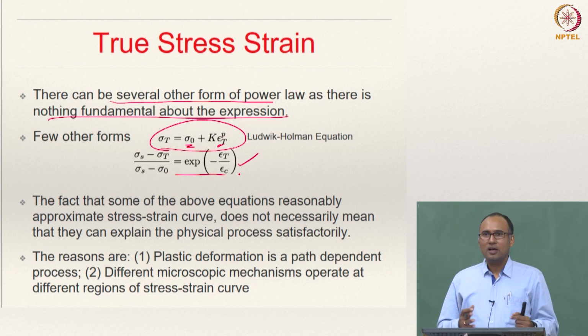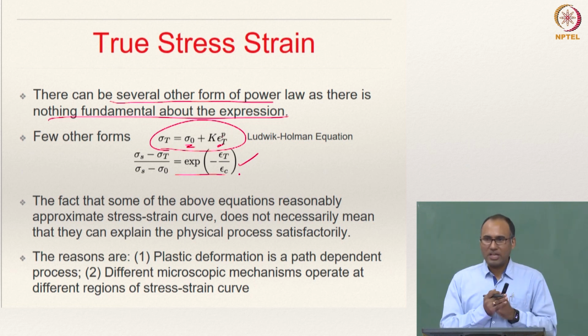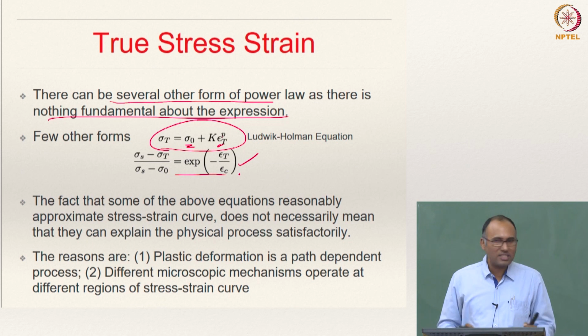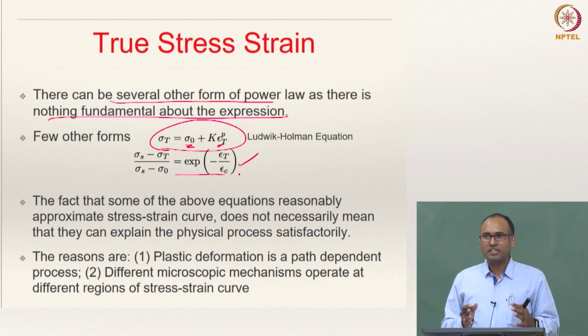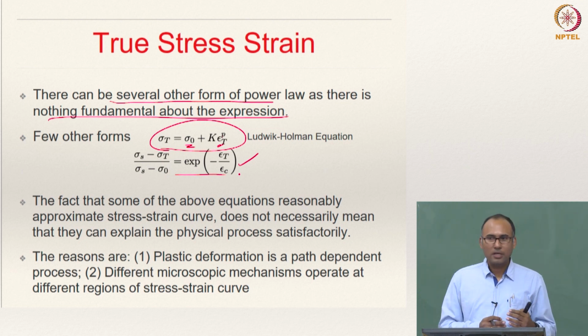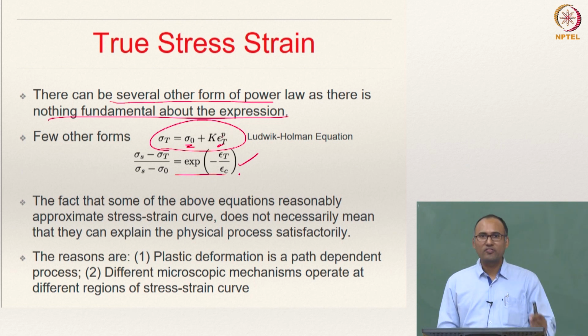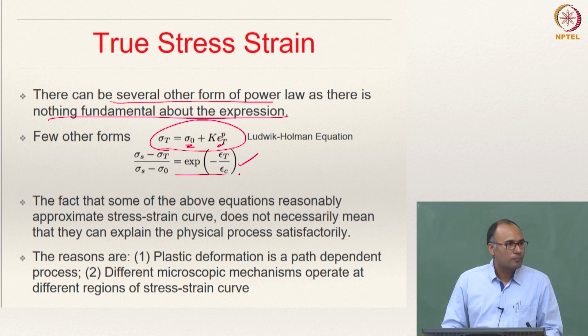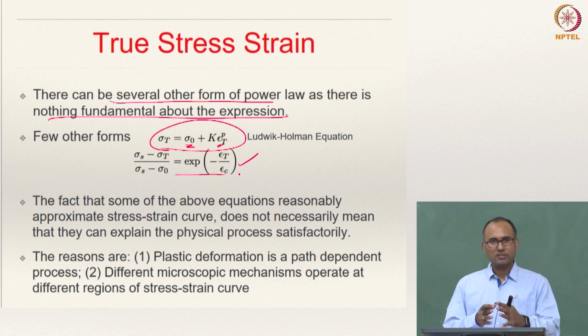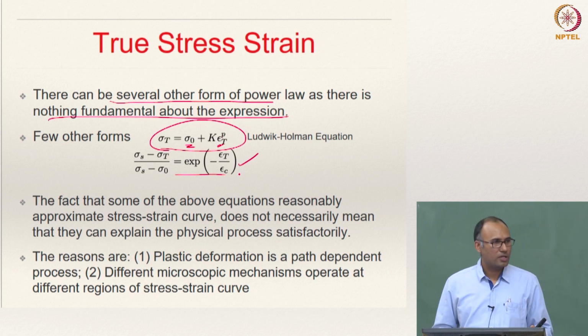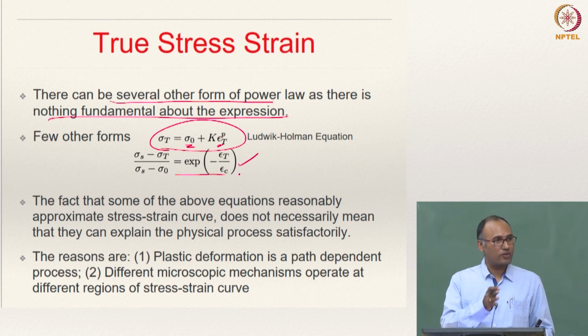You are just hypothesizing the macroscopic behavior of the material through a mathematical form, but that in no way can represent all the microscopic mechanisms, because after all, this is a law describing macroscopic phenomena, where you don't have any information about the microscopic deformation mechanism, right? And hence we should be very careful when we are looking at these stress strain relations in the plastic regime, particularly because there can be several other forms one can fit in, and that form can work for a particular class of materials.